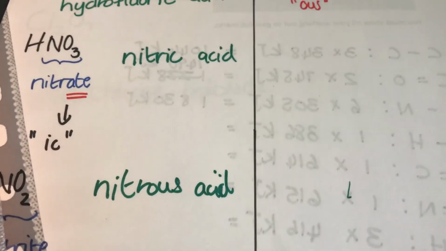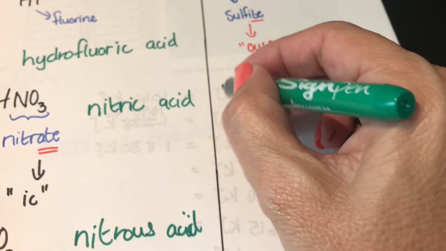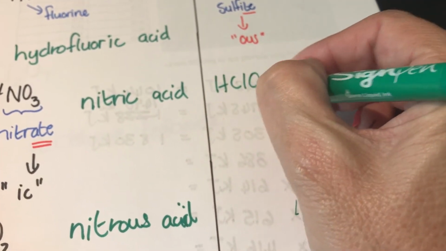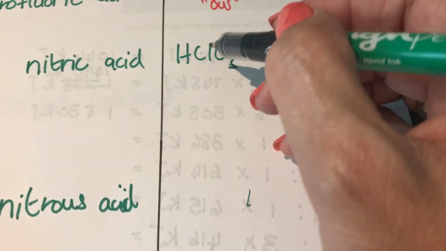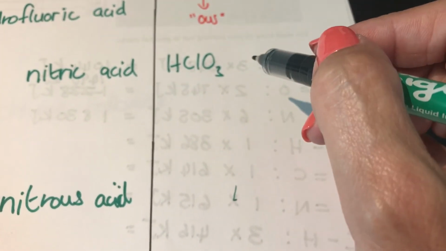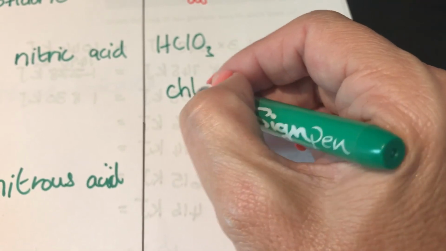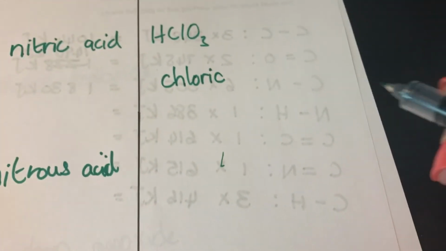With the nitrates, it is much simpler. So if you have, for example, HClO3, and this is chlorate, ClO3 is chlorate, and because that is an ATE, this will become chloric.